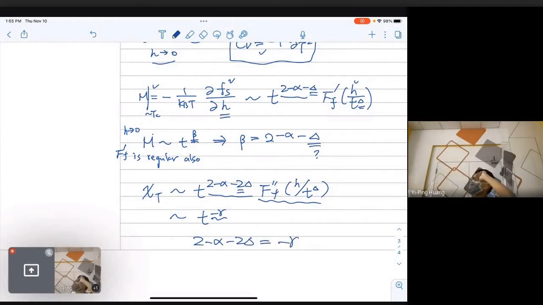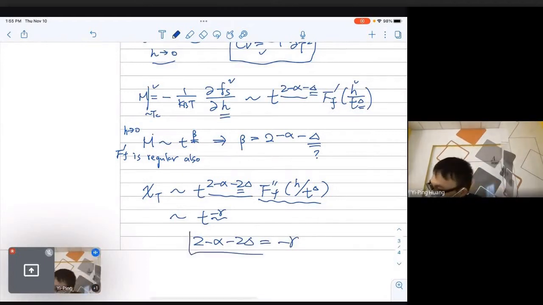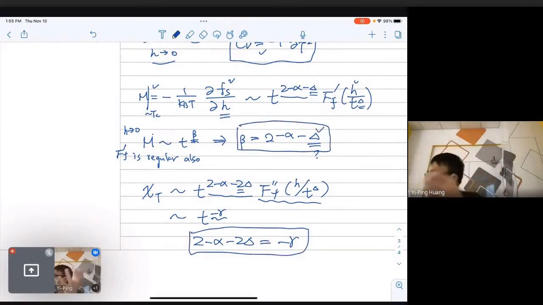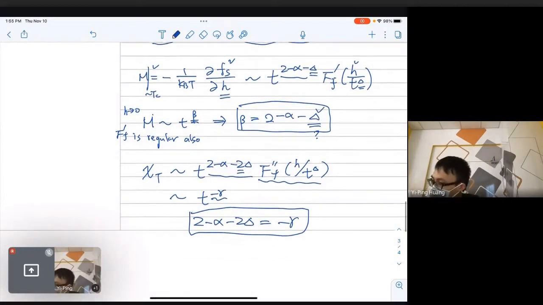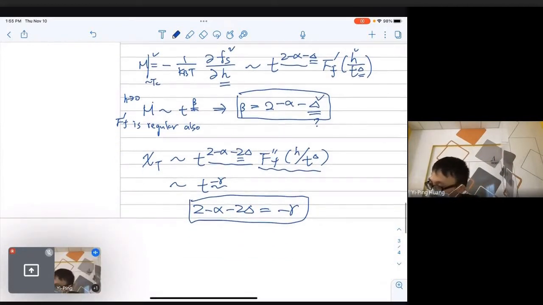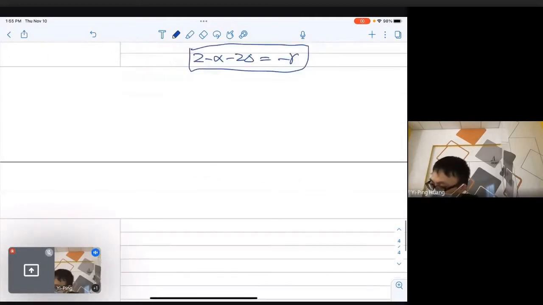Now you have two equations, and you don't want to have this delta because you don't know how to calculate it. So the easiest way to get rid of it is to just eliminate delta. By shuffling those terms, you will get the relation alpha plus 2 beta plus gamma equals 2.